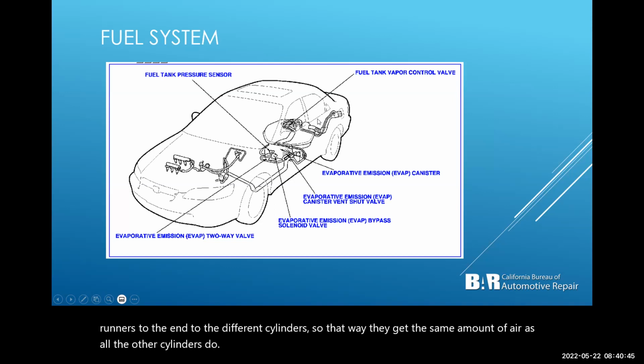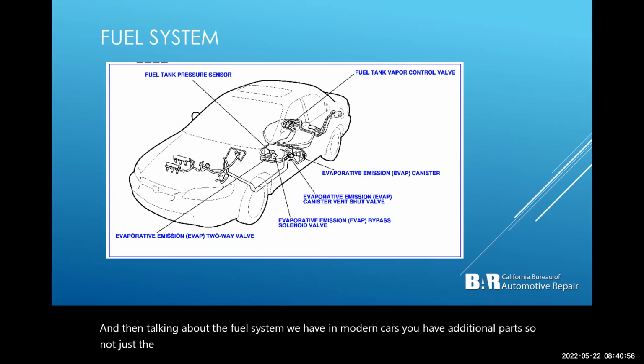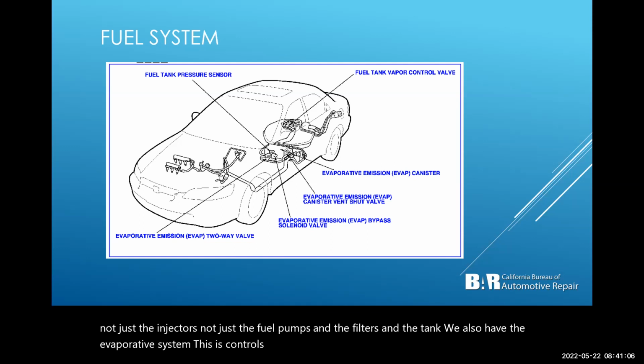And then talking about the fuel system, in modern cars you have additional parts, not just the injectors, not just the fuel pumps and the filters and the tank. We also have the evaporative system. This controls the evaporation of unburned fuel.